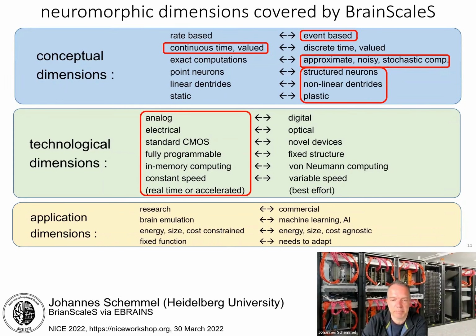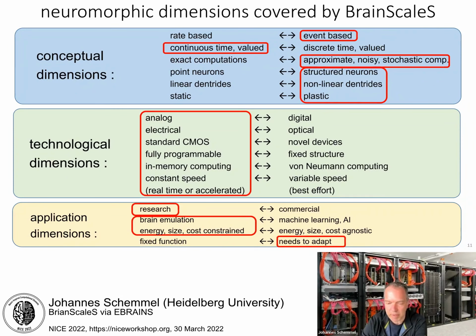And for the applications, it's mostly for research. Brain emulation is the application in EBRAINS. The idea is to emulate, have energy constrained systems so that it is more energy efficient than other solutions, but that is not the main target.